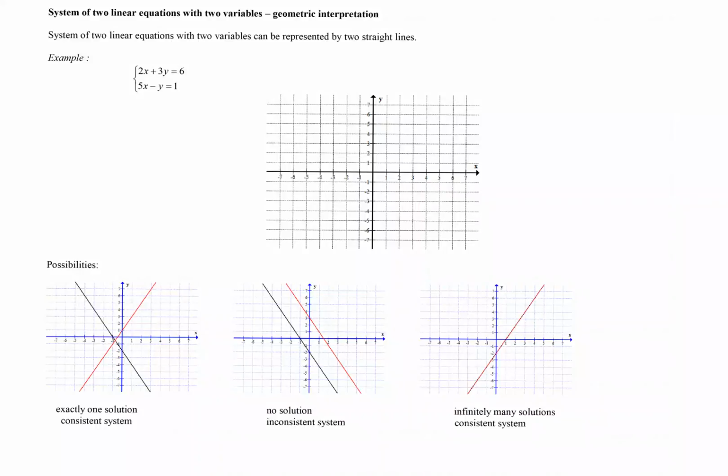In a system of two linear equations with two variables, each equation represents a straight line, and therefore we can interpret such a system geometrically by graphing the lines.